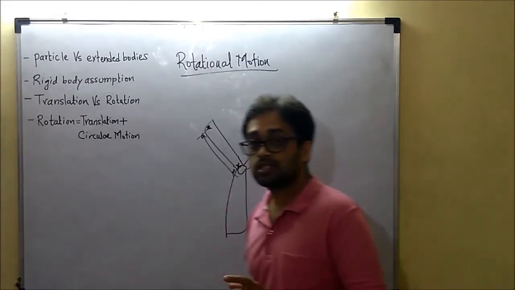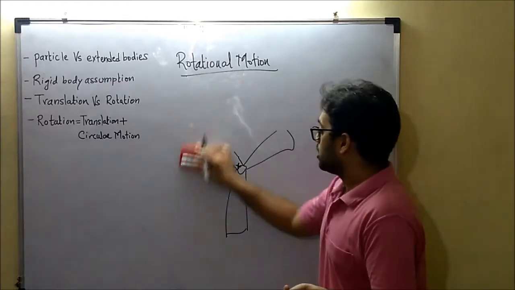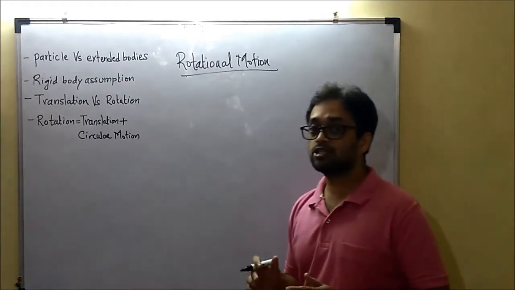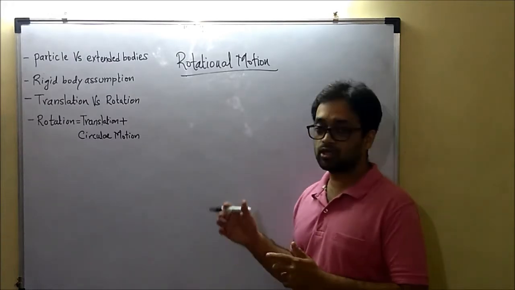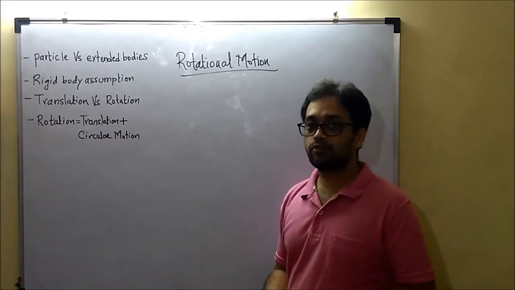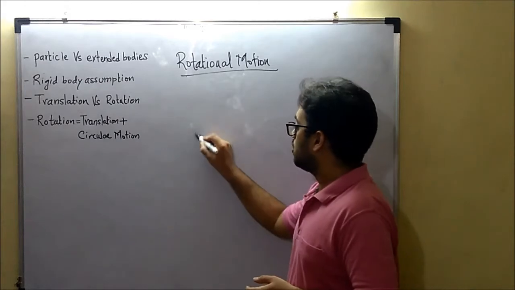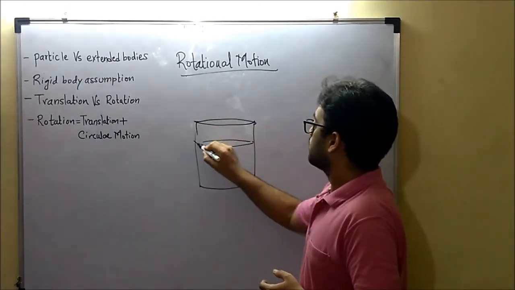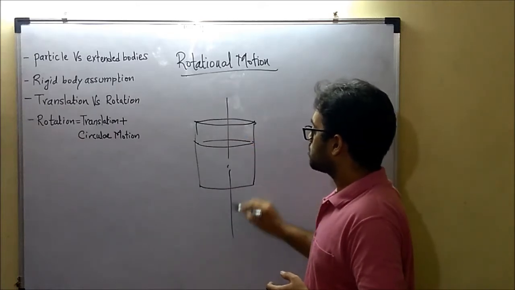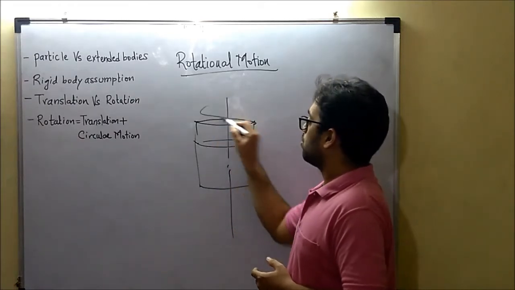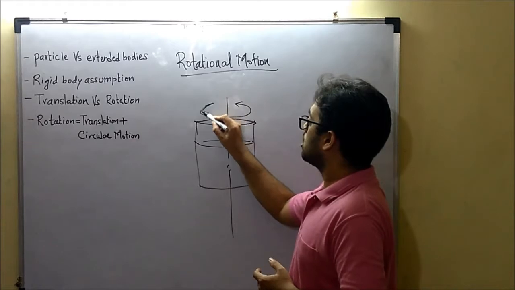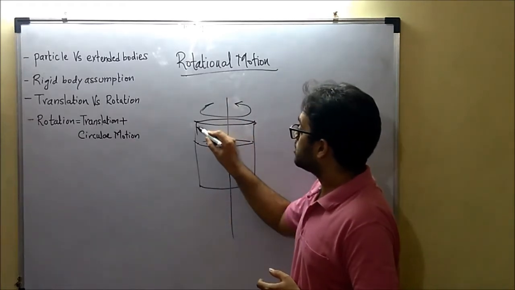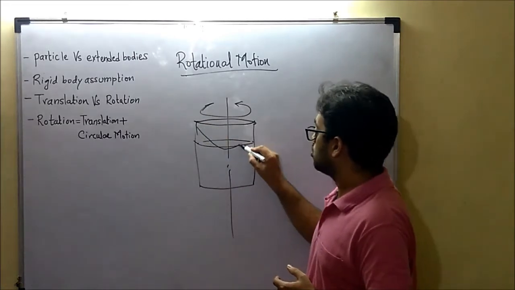So what is basically a non-rigid body? Let us say a body that starts rotating, and the distance between the particles changes. Where is it observed? Not in solids, but in liquids or gases. If we see a vessel which contains water in it, and if you make this vessel move in a circular motion, then the water will arrange itself in such a way that it will look like a parabola.